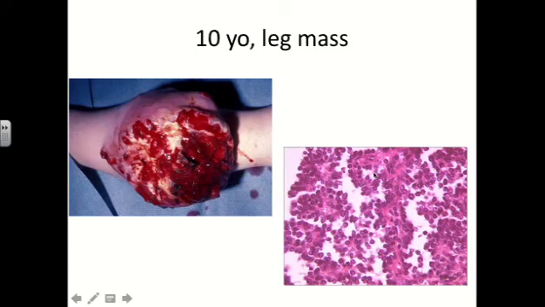So under the microscope, you've got these nests that are falling apart, and that's characteristic of what type of rhabdo? Alveolar. Alveolar, wonderful. So alveolar rhabdo, and what is the characteristic translocation? It's the PAX3 or the PAX7 with the forkhead region, right?